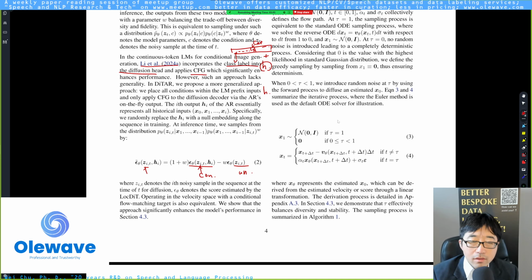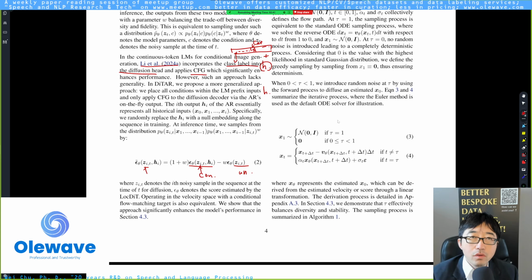Let's call that omega, okay? And this omega factor is controlling whether you prefer the condition, whether you give more weight to the condition or more weight to the unconditioned. But why do people use these types of controlling factors here?